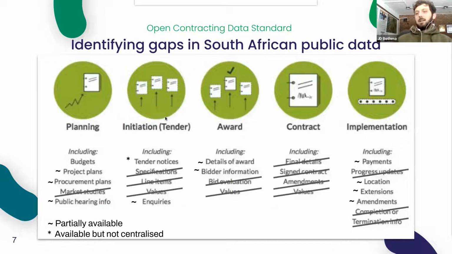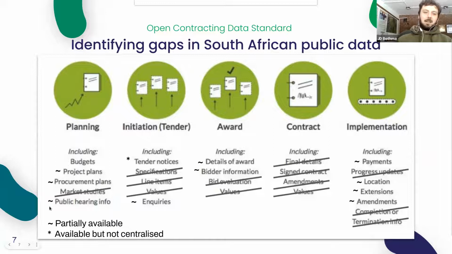What it's also been really helpful for is to identify where the gaps are. So I've just horribly pasted on some annotations to this graphic from the Open Contracting Data Standard documentation, but the only one that's truly available is the budget data. Project plans are kind of available, but I'm not really believing that it's comprehensive.